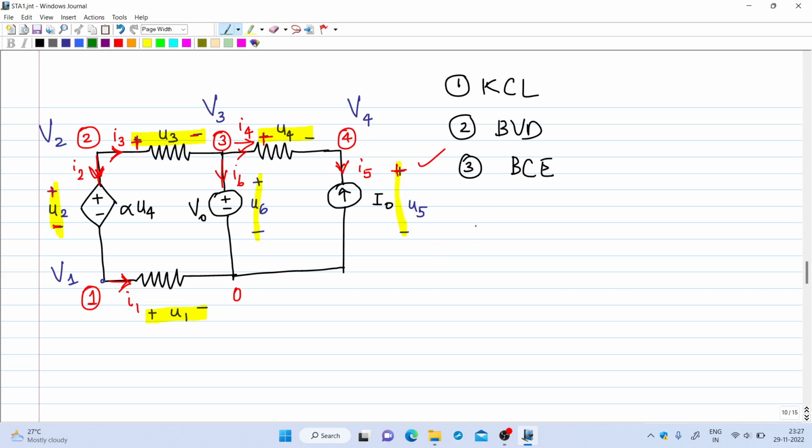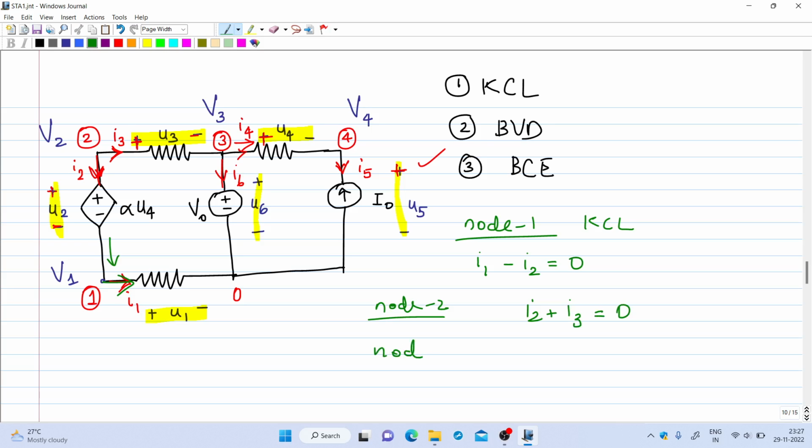In KCL, if you write KCL at node 1, it is simply I1 minus I2 equal to 0. I1 is flowing out from node 1, I2 is coming in, so I1 minus I2 is 0. Then at node 2, the KCL is I2 plus I3, both flowing out, equal to 0.